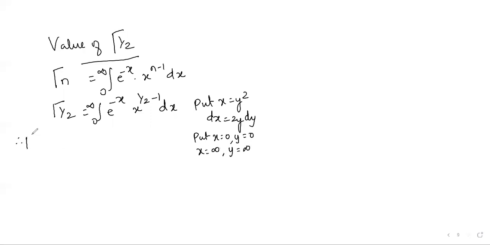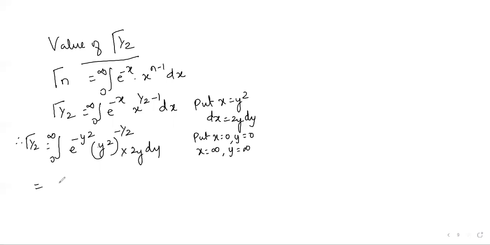Therefore, gamma half is equal to integral again 0 to infinity, and this is e power minus x, which is y square. Here x power half minus 1, half minus 1 is nothing but minus half. So x is equal to y square, y square power minus half. Then dx is 2y dy.